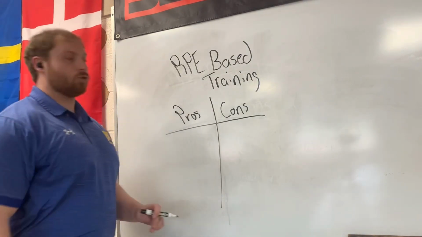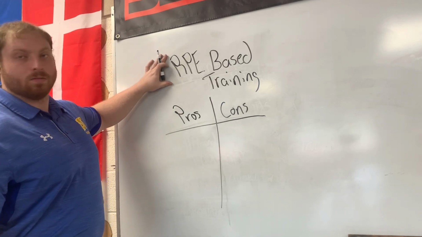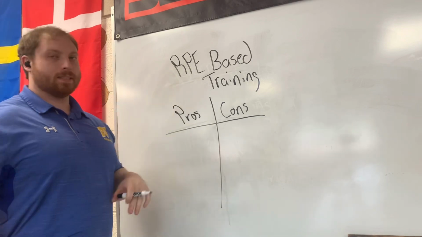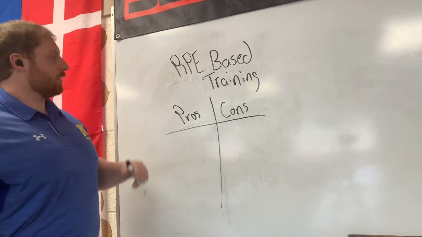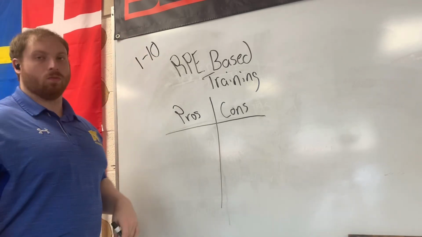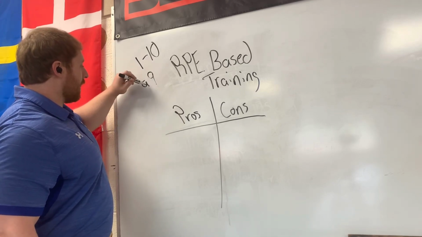To this idea of training based off of RPEs, and just so that we can set this up right up front, RPE stands for rating of perceived exertion. So essentially you are going to be rating your reps on a scale of 1 to 10, usually denoted like at 9, right?